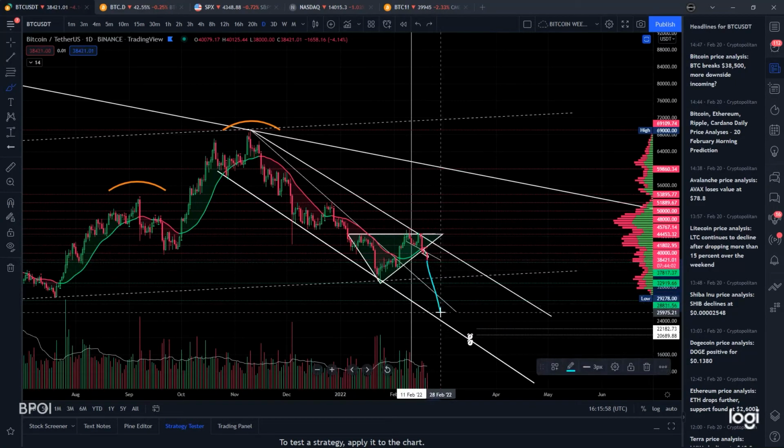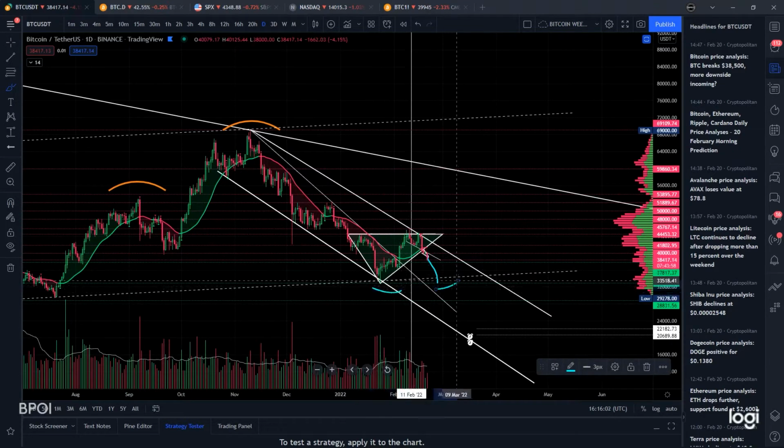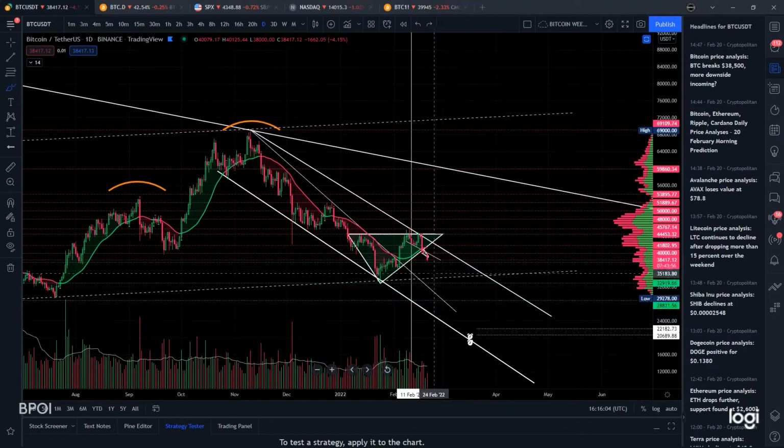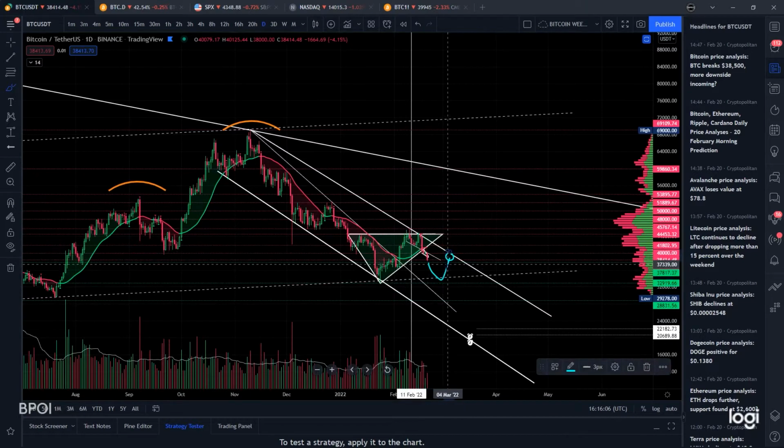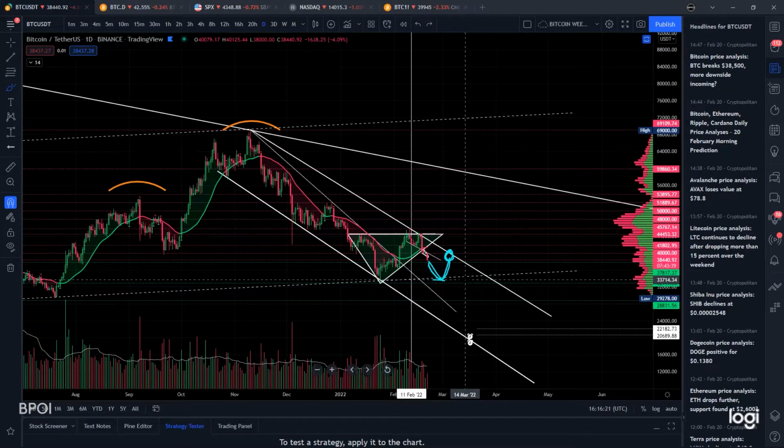Even if we do get that strong bounce, whichever area it's in, whether it's this double bottom, whether it's a bit further down, until we actually break this upper trend line, we're not in a position to say we're back into a bull market. Okay, however strong the bounce is, we need to break this upper trend line. So if you do catch this bounce and it starts to move up, you need to keep an eye on this area here for potentially a reversal. Okay, so just bear that in mind.